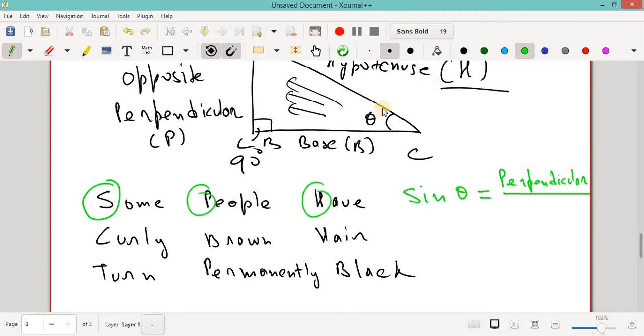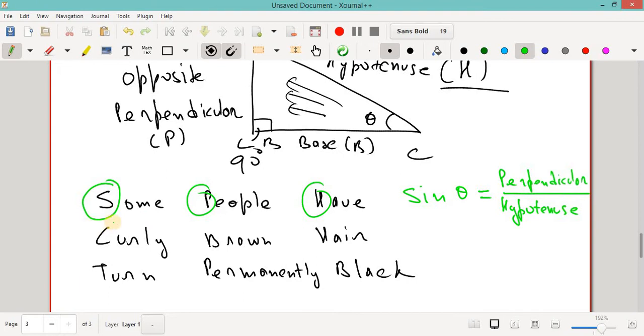That's why I gave hypotenuse H, base B, perpendicular P. So sine theta formula in a simple way is perpendicular by hypotenuse. Some People Have: S, P, H. By this you can recall easily without learning by heart.